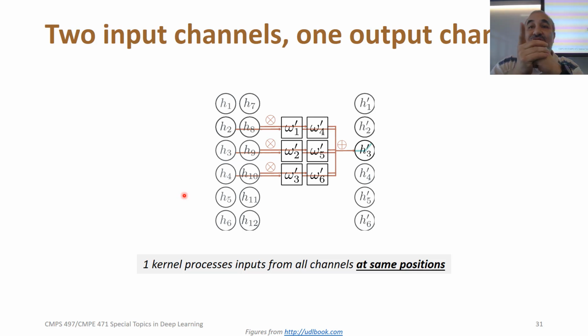Question? Okay, yes. Yes, of course, multiple layers now.